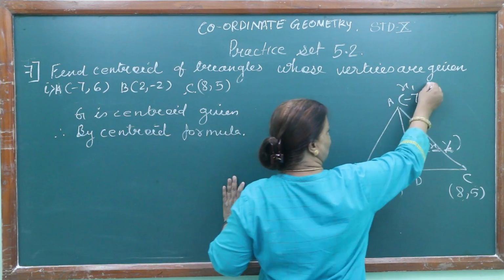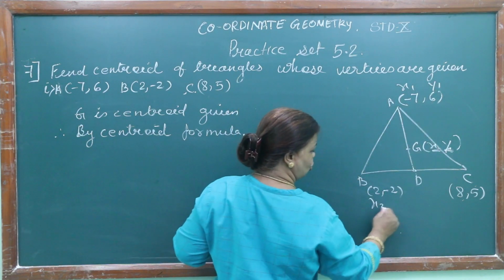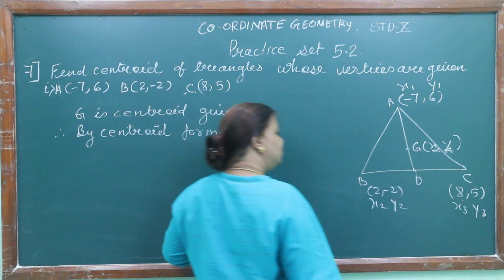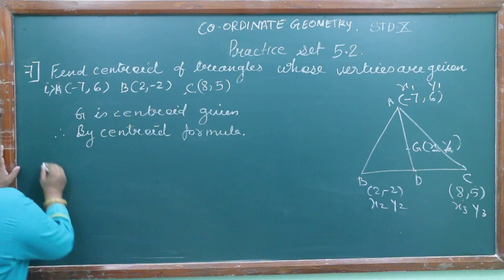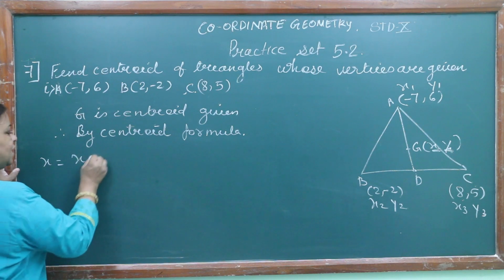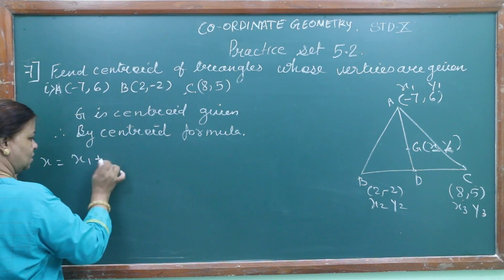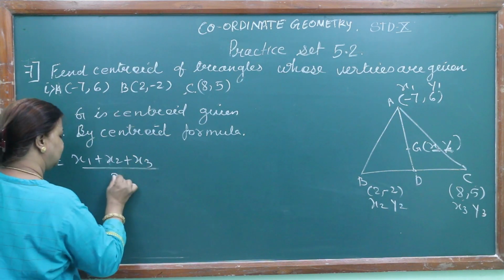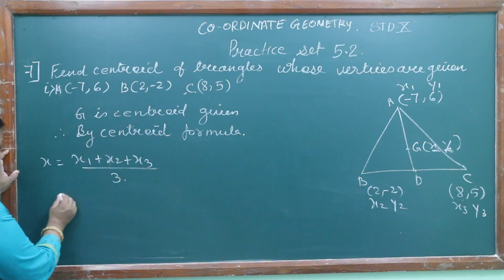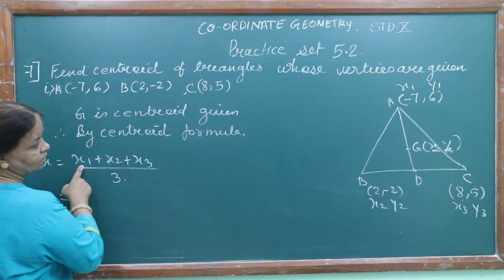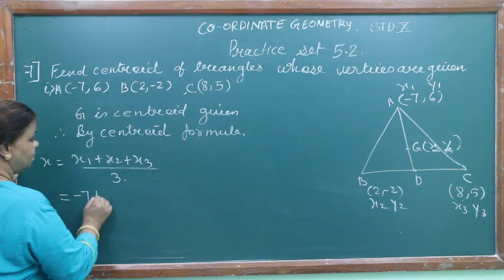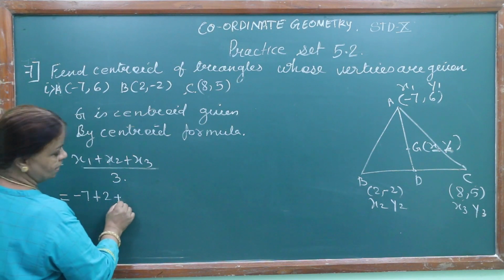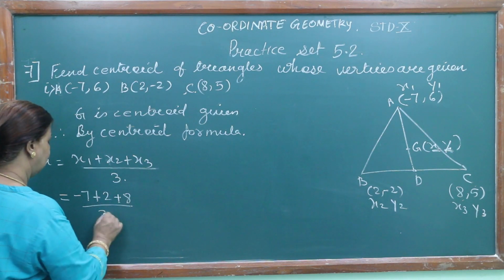This will be x1, y1, x2, y2, x3, y3. So x is equal to what? x1 plus x2 plus x3 upon 3. What is x1? Minus 7 plus x2, 2 plus x3, 8 upon 3.